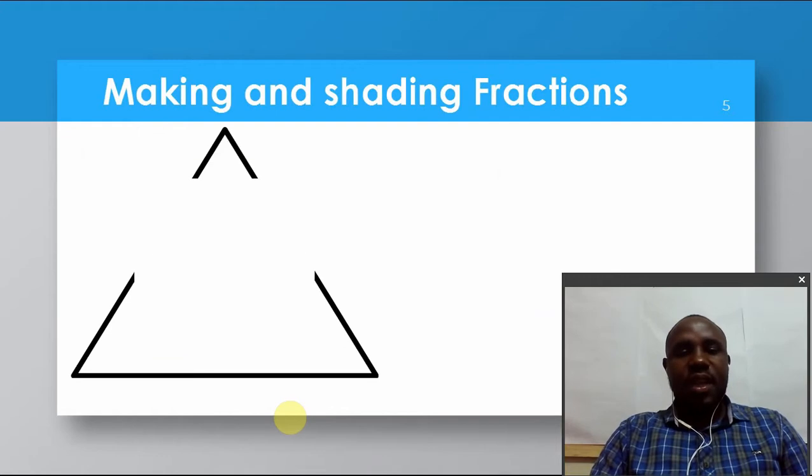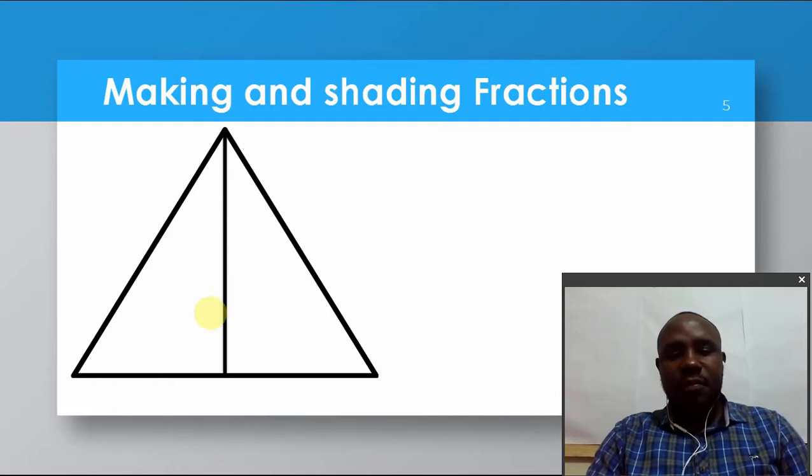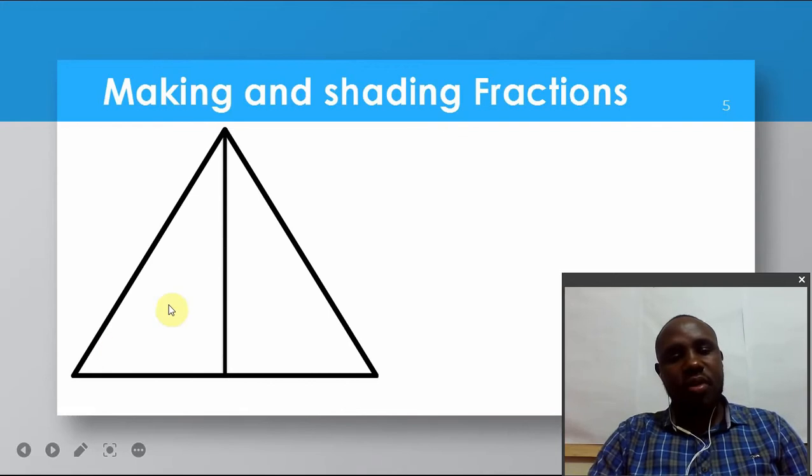Let's see. I have a whole triangle here. I'm going to divide the triangle into two parts. Now I have the two parts of a triangle. One is here, the second one is here.